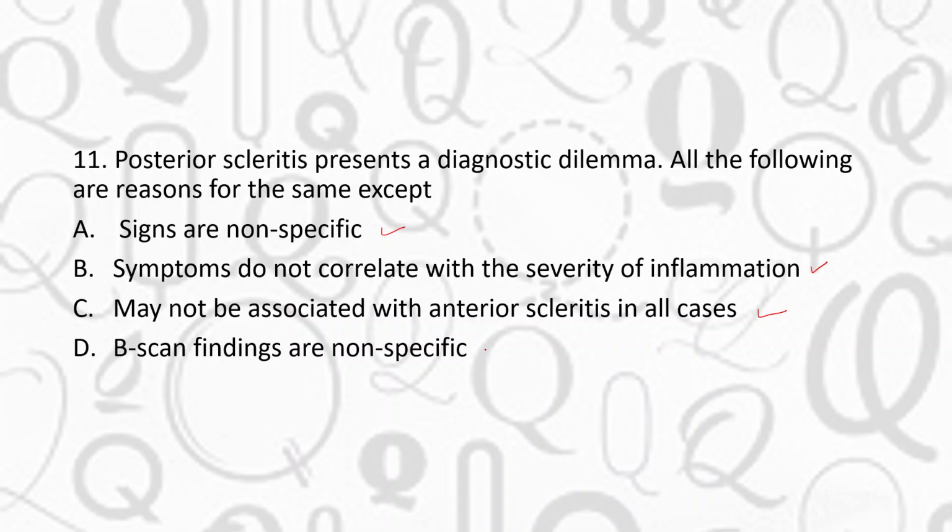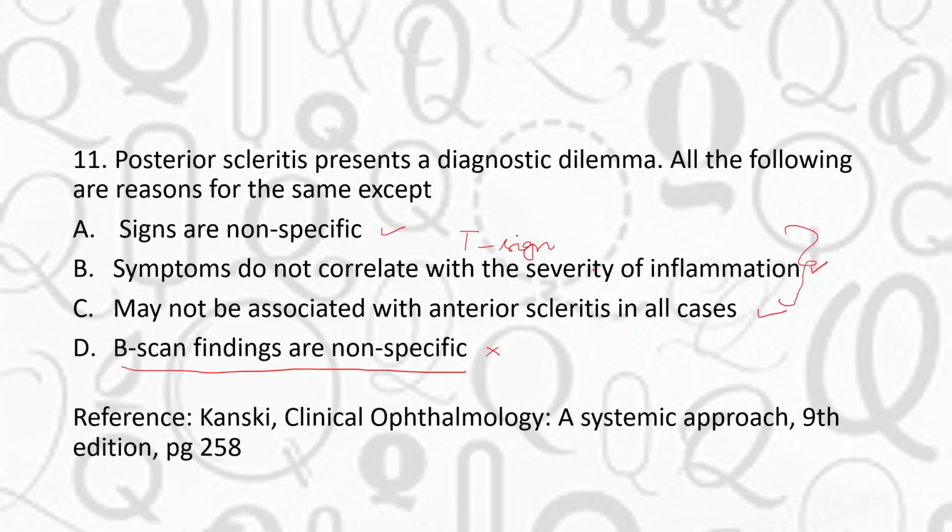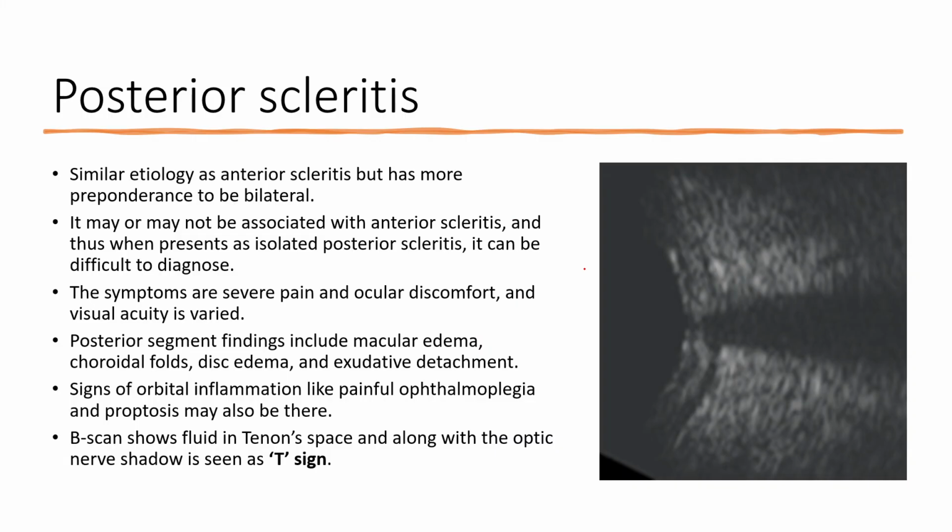B scan findings are non-specific. No, this is false. Okay, B scan is very, very specific for posterior scleritis. We get something known as a T sign. I'll show you in the next slide. This is due to presence of fluid in the subtenon space. So posterior scleritis is a diagnostic dilemma due to all these reasons that I told you, but B scan helps you to pick up the diagnosis.